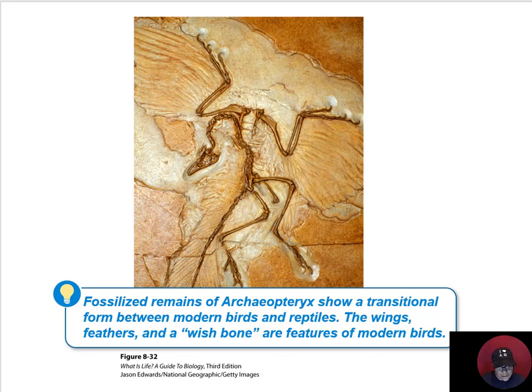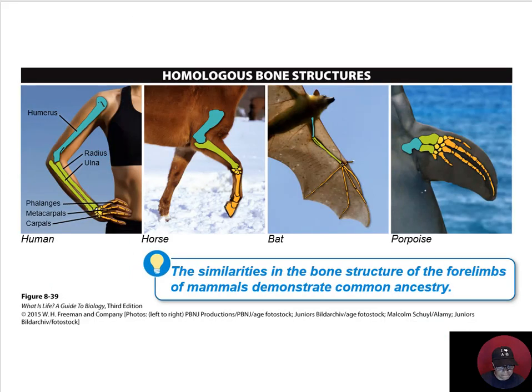Here we have this fossilized remain of Archaeopteryx, which shows this transitional form between modern birds and reptiles. The wings and the feathers and the wishbone, which is the clavicle, are all features of modern birds. And this fossil actually changed the category for birds, and birds were recategorized and placed under reptiles because of this fossil finding. And this was fairly recent.